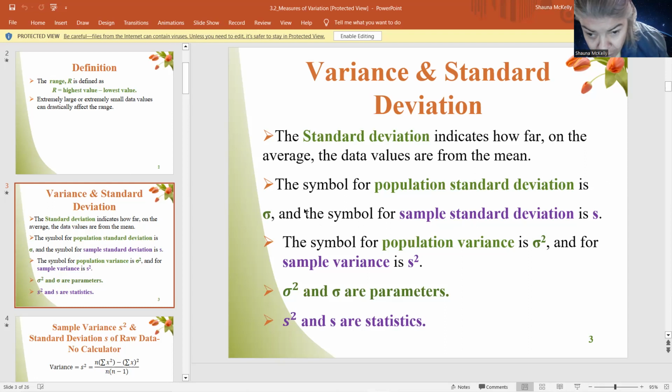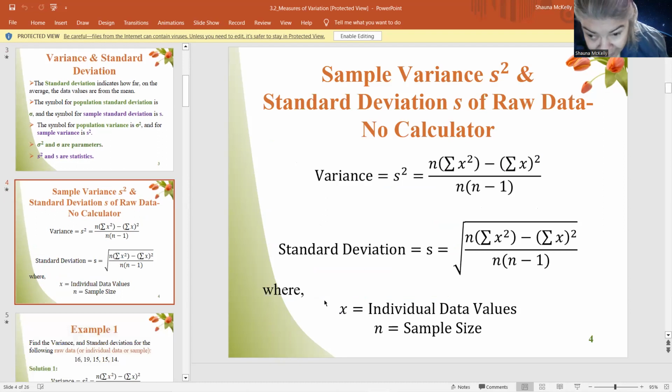All right, now let's go on to the next part of this. So on the next slide, you're given the formula here. You're asked to use this formula in some of the computations that come later. But if you look carefully, the variance here is S squared.